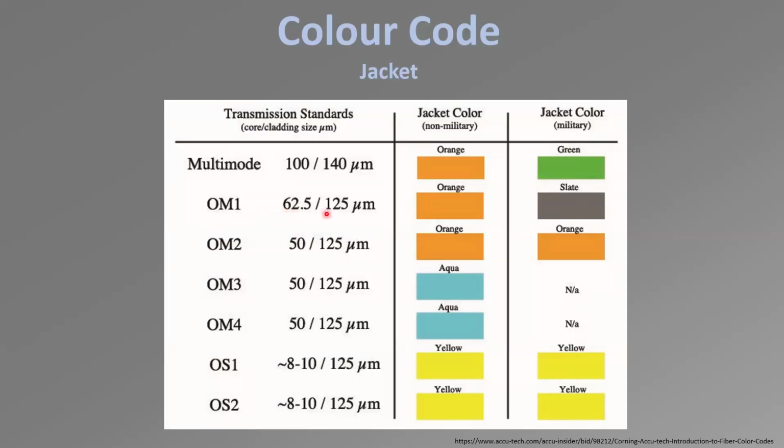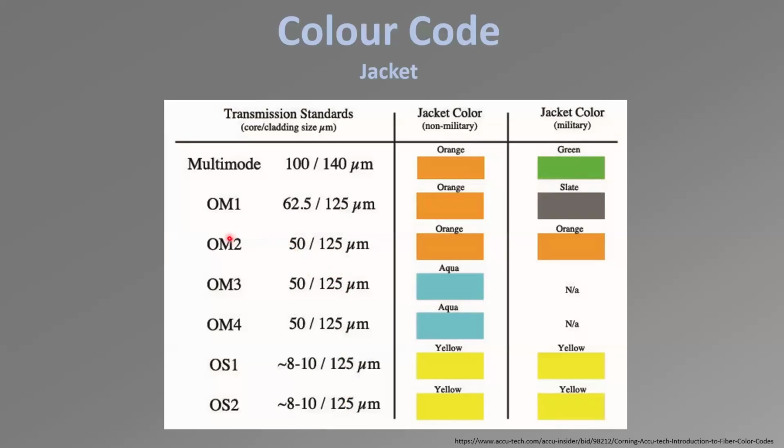A lot of the fiber optic installations that are perfectly fine may have been installed in the 1970s and are still intact. So OM1, optical multimode 1, one of the first ones, was 62.5 by 125. So 62.5 core diameter and 125 micron cladding. And in everything since then, you can see the cladding is always 125 microns.